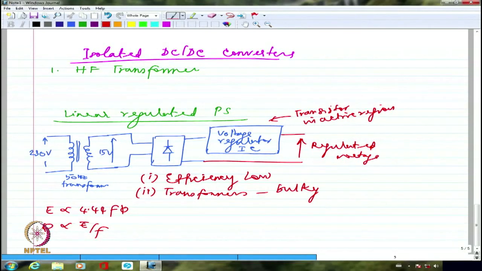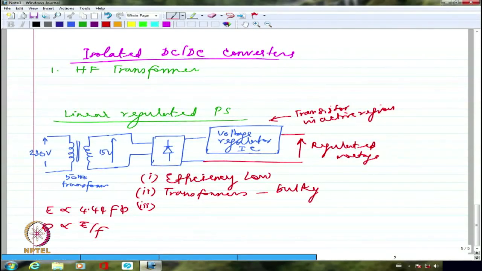The third disadvantage of linear regulated power supply is that generally for every output, I may use independent regulator ICs and so on and so forth. Whereas when I use the high frequency transformer towards the output side, the primary may have a particular voltage. I can have multiple secondaries.